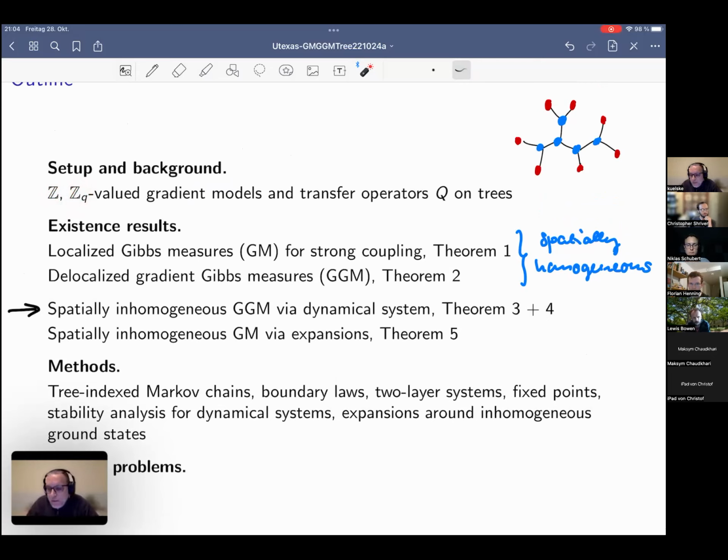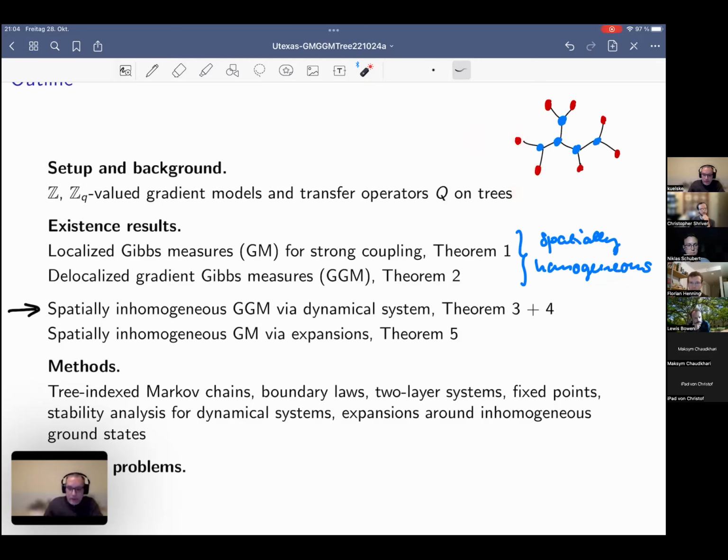The base space is a regular tree, where each vertex has the same number of nearest neighbors. In this case, it's the binary tree, so we have 3 nearest neighbors, and this is actually a finite portion of the binary tree, but we would like to consider the infinite volume in our base space and have the infinite tree with d+1 neighbors.